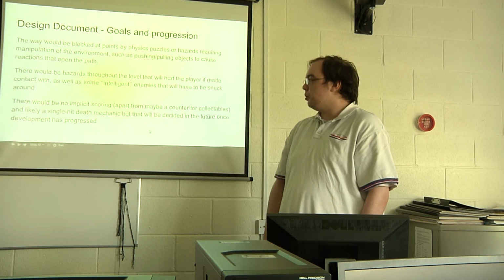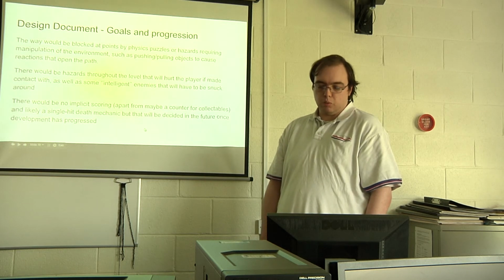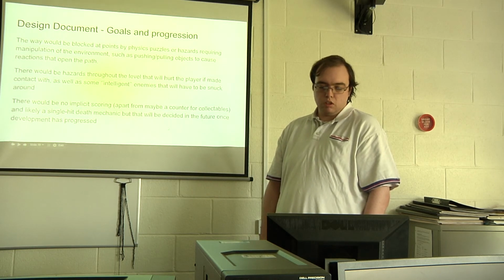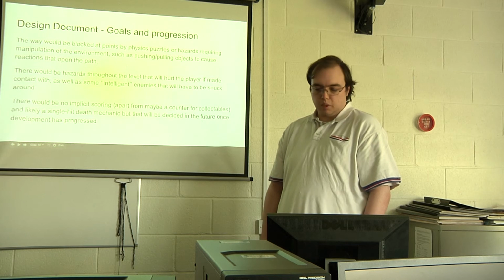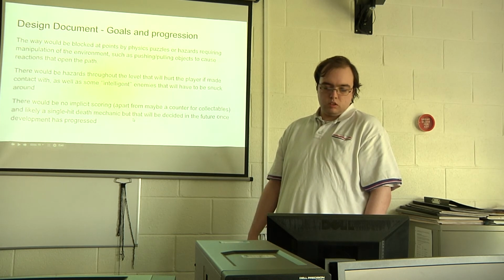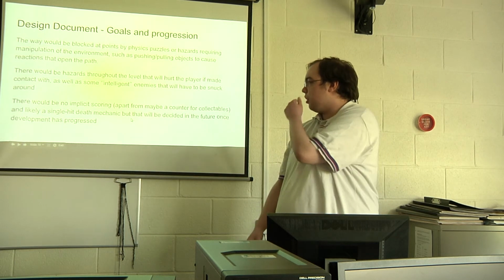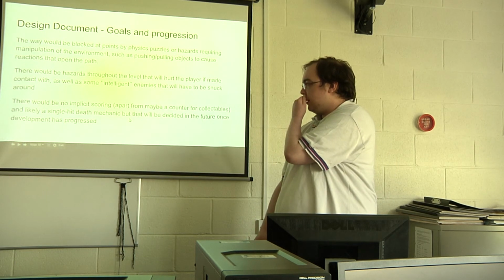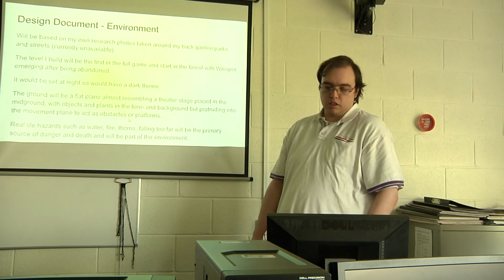There would be no explicit scoring necessarily, because I wanted it to be a little more narrative focused than mechanically focused, even though obviously mechanics will be in it. Maybe I'd have a collectible or something like that, and a single-hit death, but that's still to be seen.